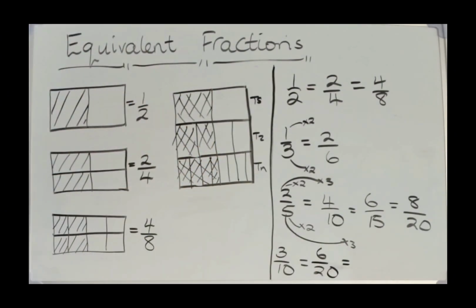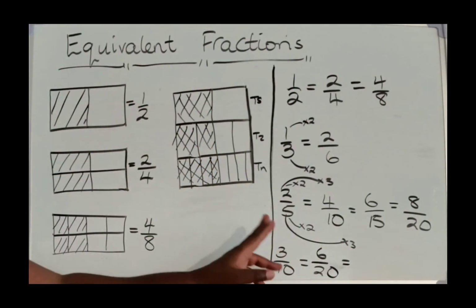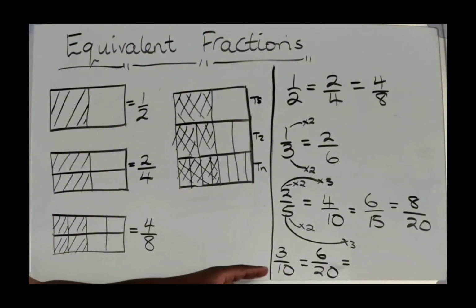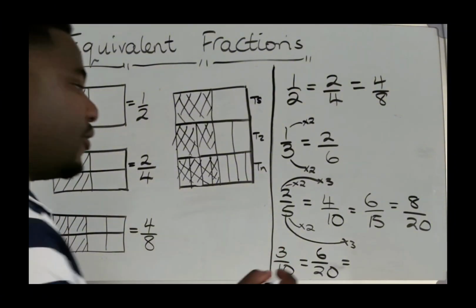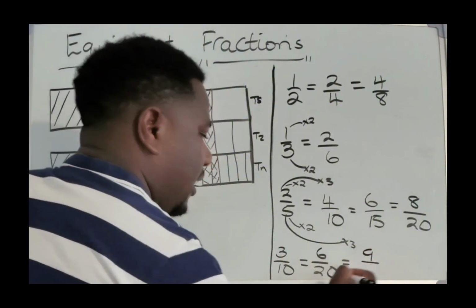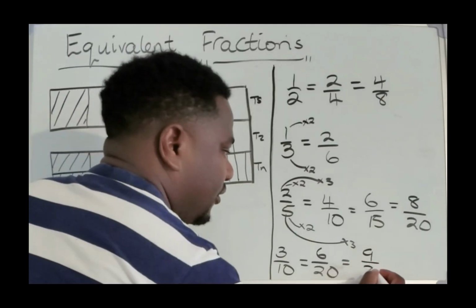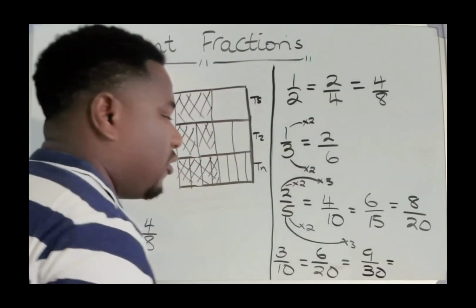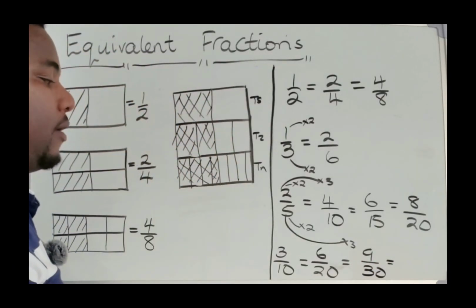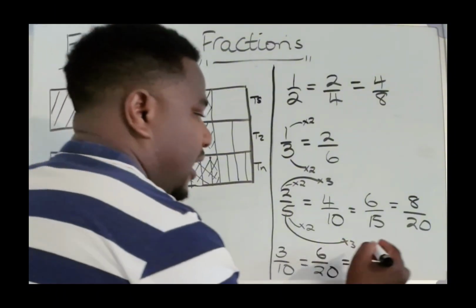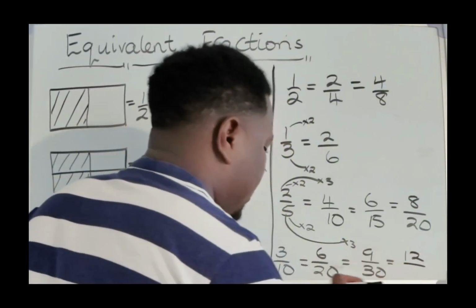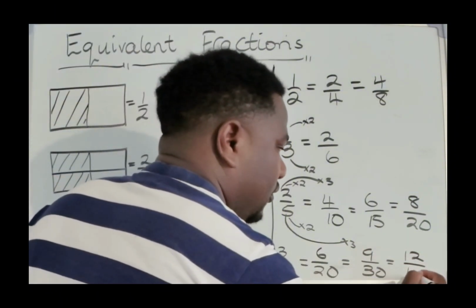Then to find the next one, remember we said we only increase the first one, which is 3 over 10. So it will be 3 times 3 now, which is equal to 9. And then 10 times 3 is equal to 30. If we're going to multiply again by 4, 3 times 4 is 12, and then 10 times 4 is equal to 40. Right.